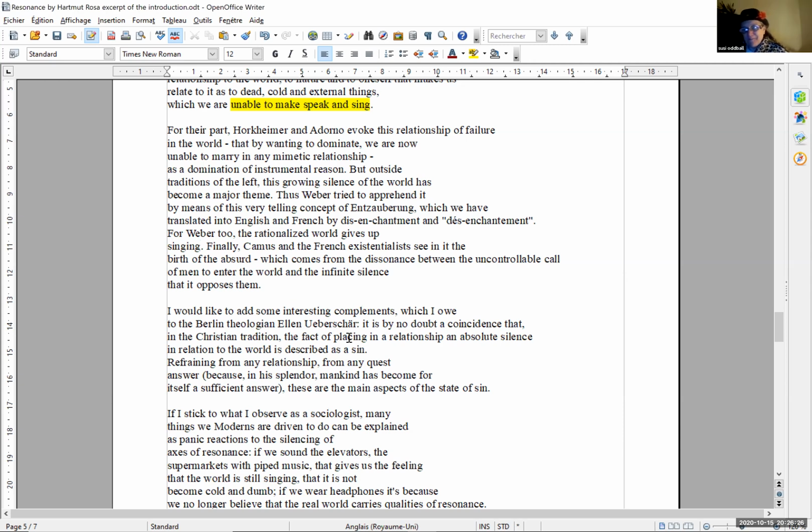Two other examples. One is in Camus, the mythical example of Sisyphus rising stones, holding stones and them falling again, the same stone actually. And another instance is in the book by Sartre, which in French is La Nausée, nausea.